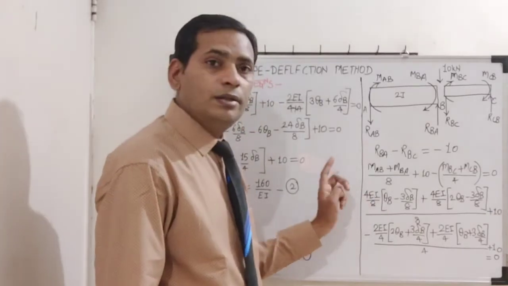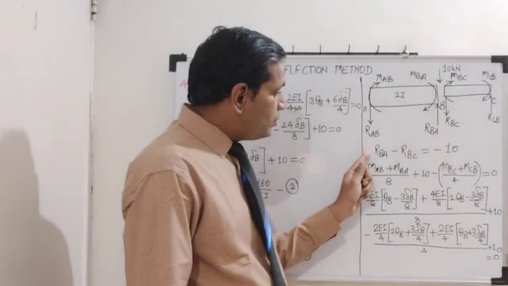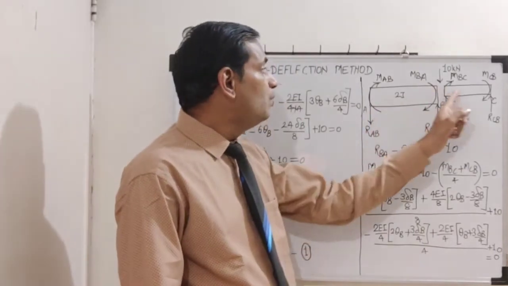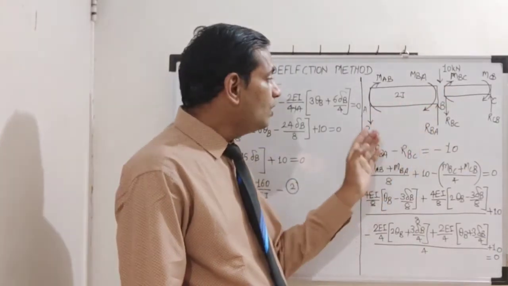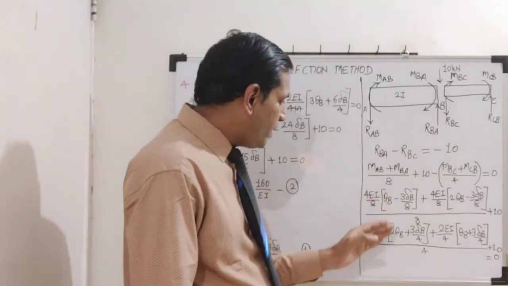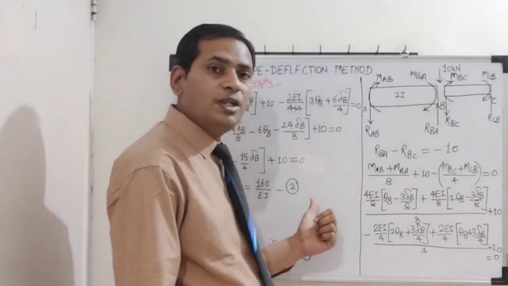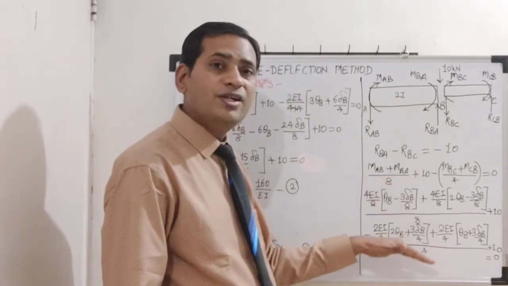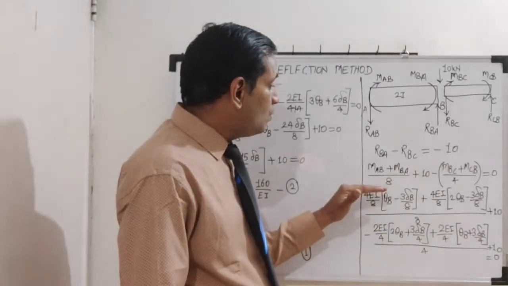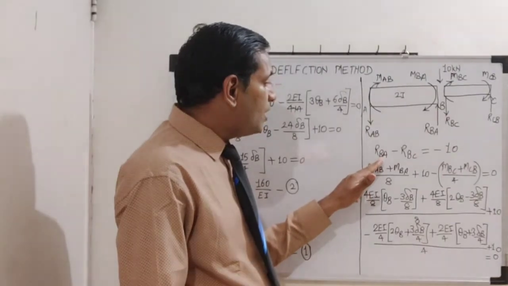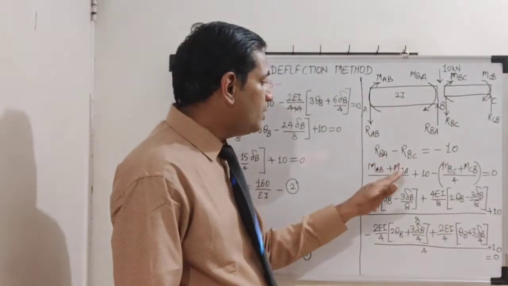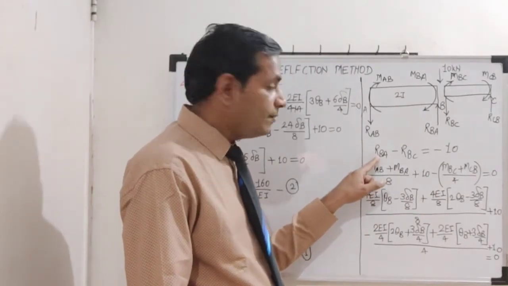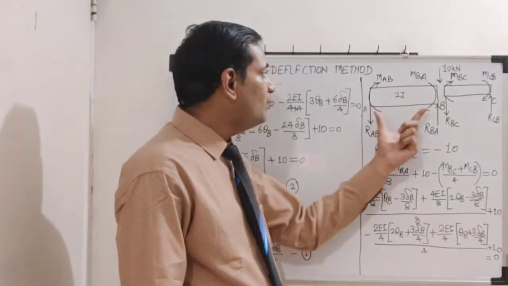So here we are going to now substitute reactions from these two free body diagrams, and I have simplified this up to equation number 2. I'll just explain you because it will be very much time consuming. So I have written RBA as MAB plus MBA upon 8. I have taken this RBA as this particular value from this free body diagram.